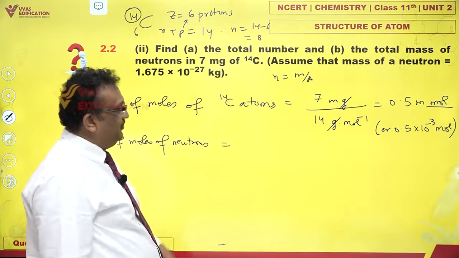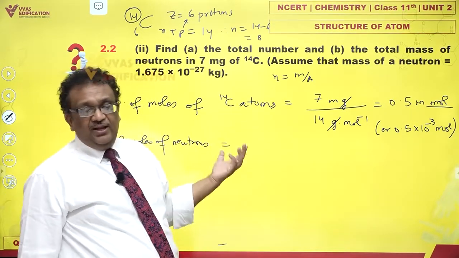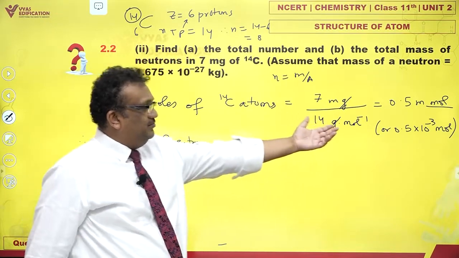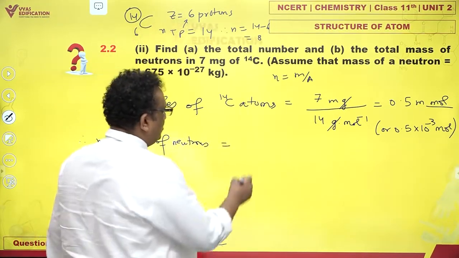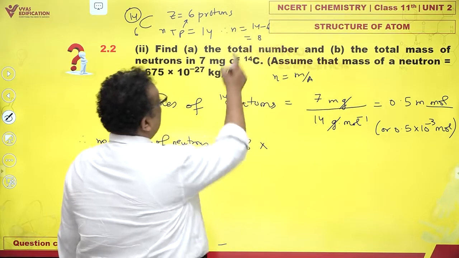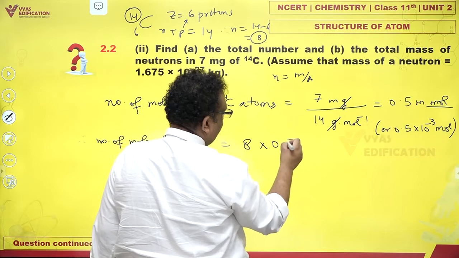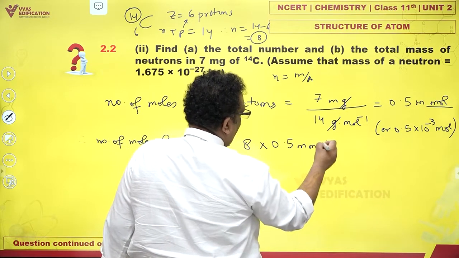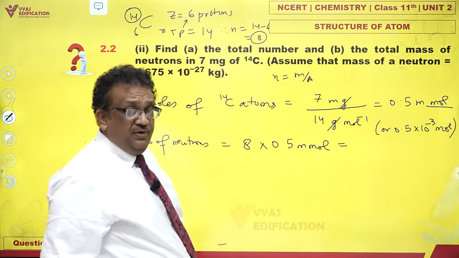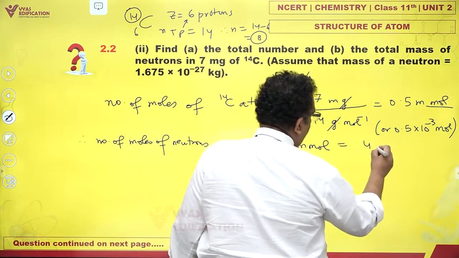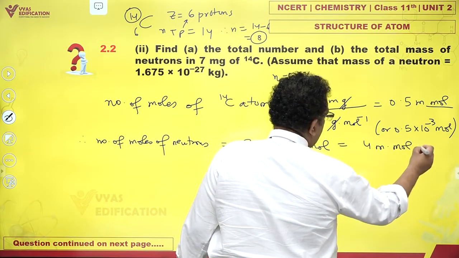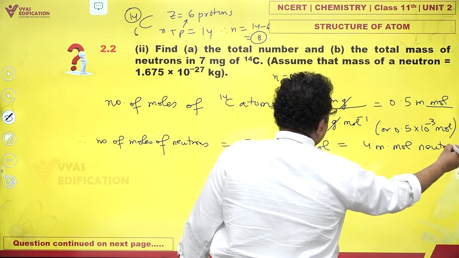In the same fashion, if I have one atom that contains 8 neutrons, then the number of neutrons will be 8, the number of neutrons present in one atom, multiplied by the number of moles of atoms, that is 4 millimoles of neutrons.